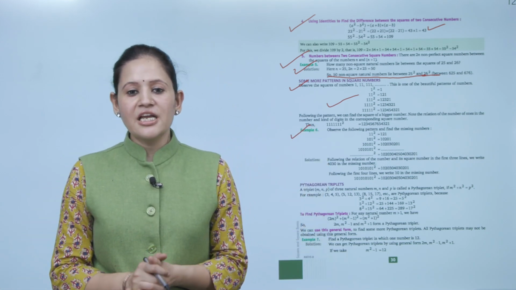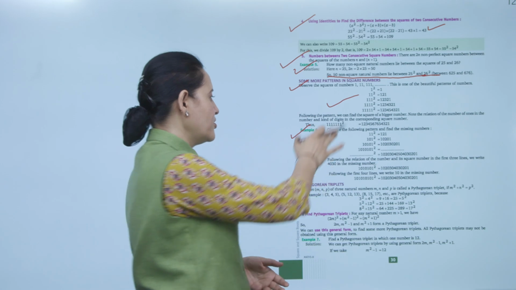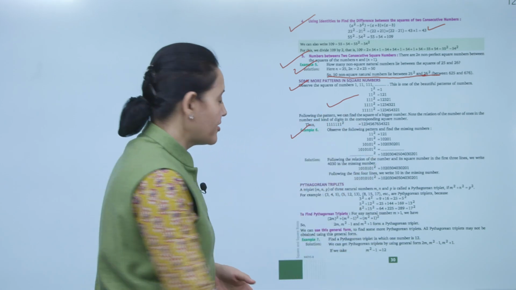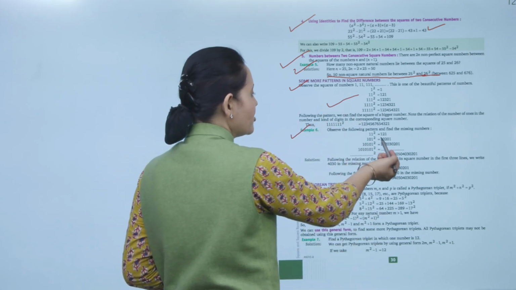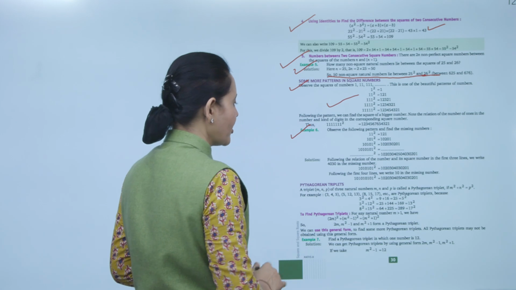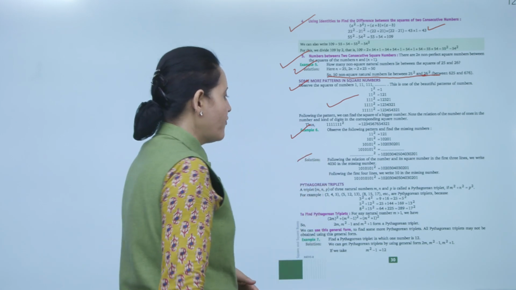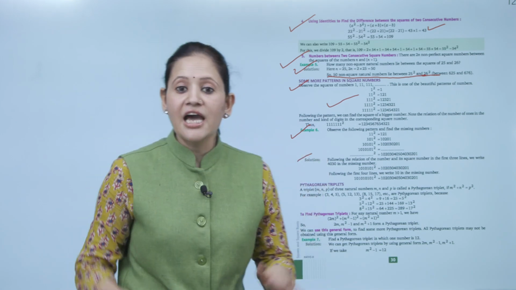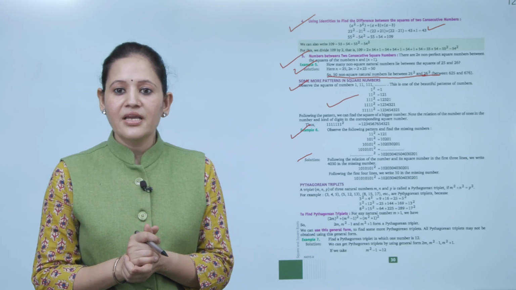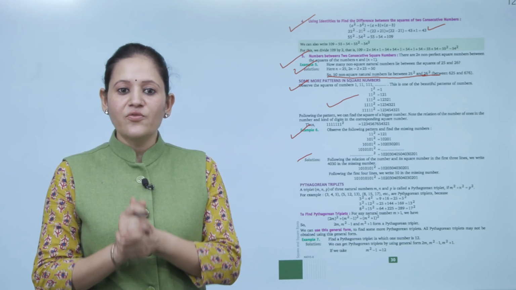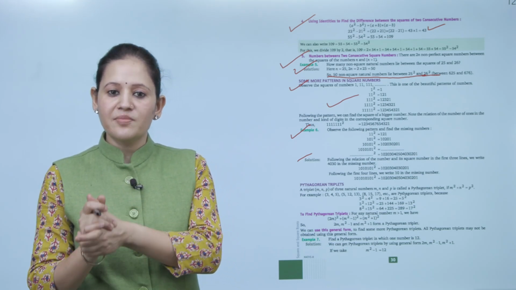Observe the following pattern and find the missing number. So you'll see a pattern is followed here. 121, then 10201, like this a pattern is followed here. Solution: following the relation between the number and its square number, in the first three lines, we write 4030 in the missing number.